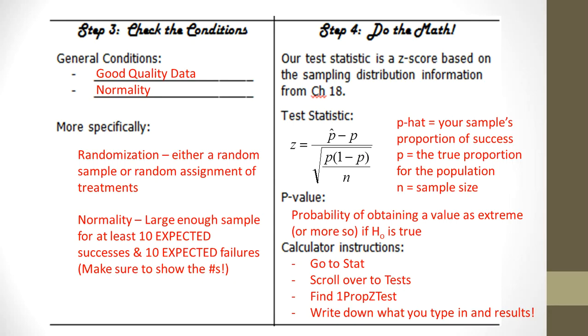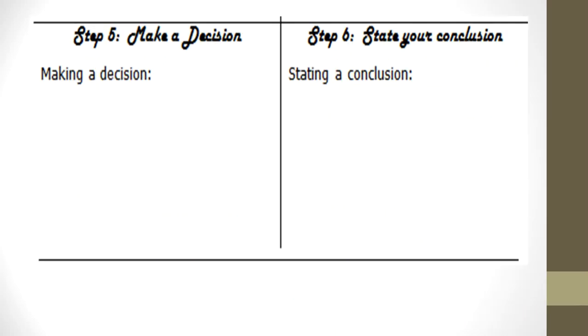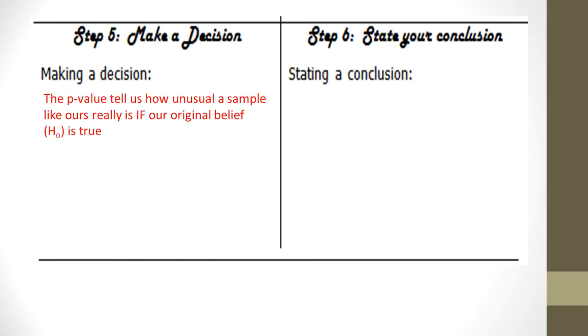Once we've gathered this math, once we've looked at this evidence, we have to use that information to make a decision, and that is our step number 5. When we make a decision, we're going to use our p-value to help us. The p-value tells us how unusual a sample like ours is if the original belief is true.